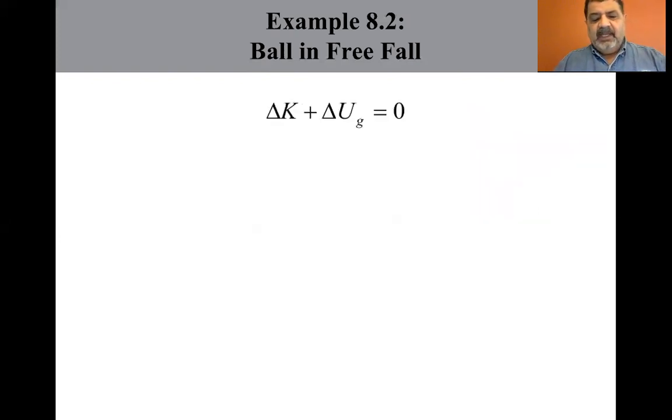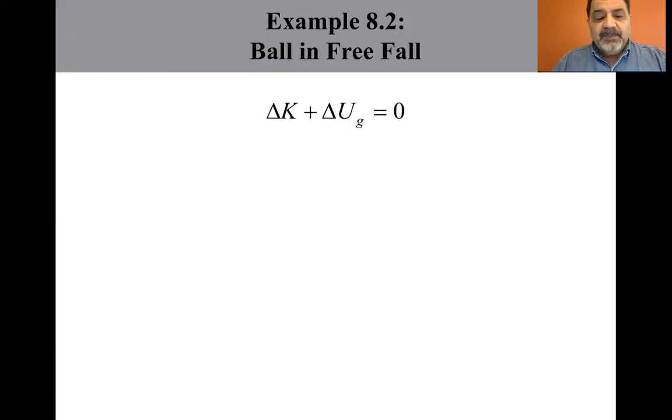So we analyze this as follows. Because the system is isolated and there are no non-conservative forces acting within the system, we apply the principle of conservation of mechanical energy to the ball-earth system. At the instant the ball is released, its kinetic energy, K initial, equals 0, and the gravitational potential energy of the system is mgh.